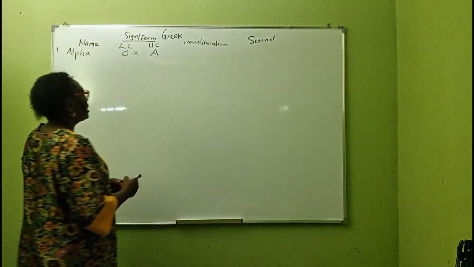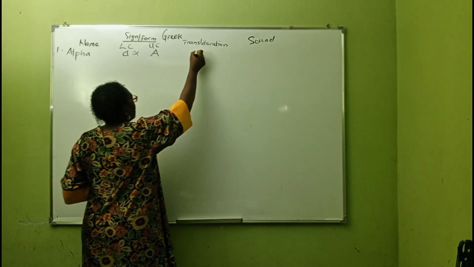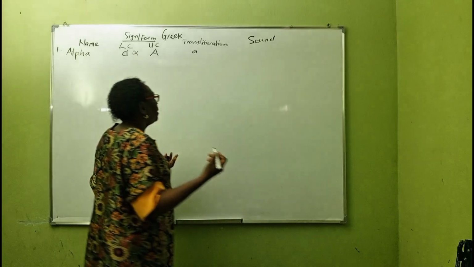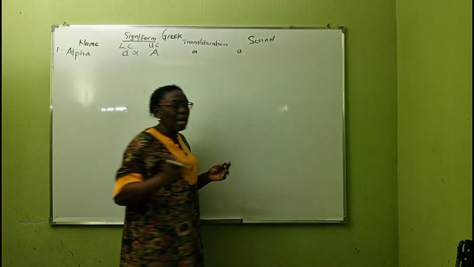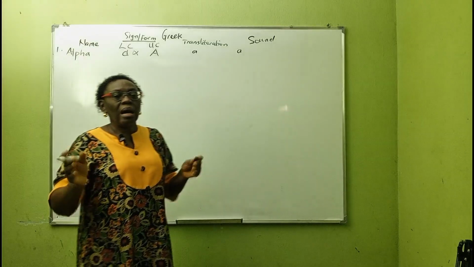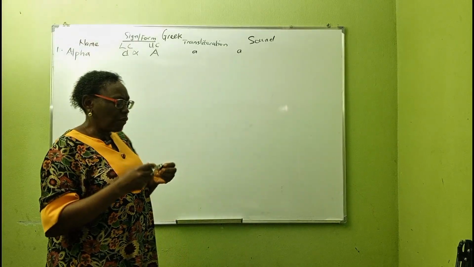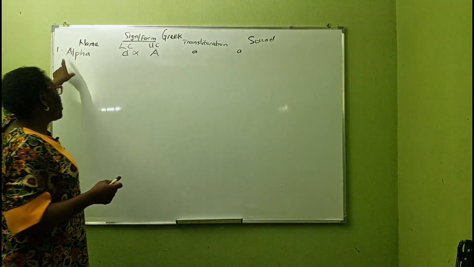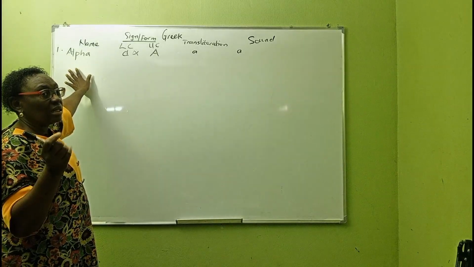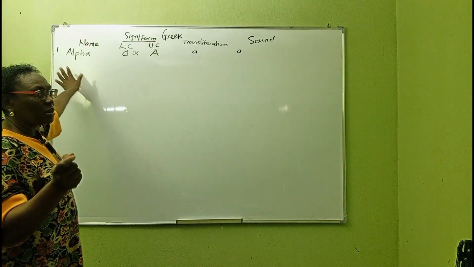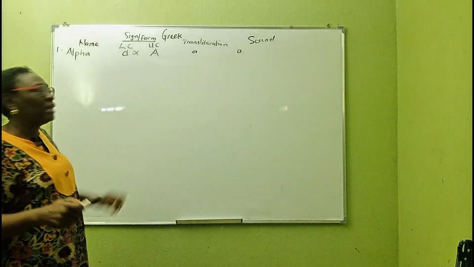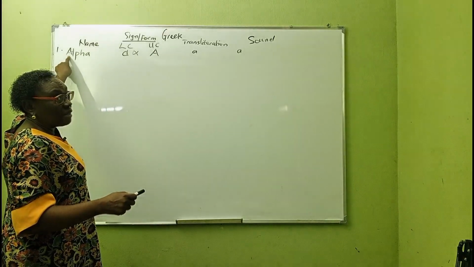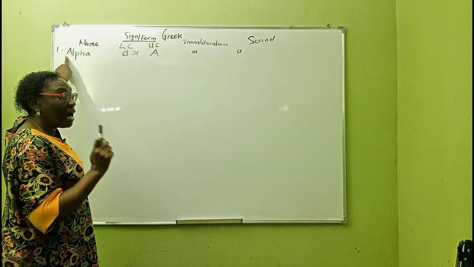Our transliteration is A, our letter A. In terms of sound, it is an A sound. I want you to take note that the way we pronounce, especially the first letter we pronounce, actually corresponds with the sound of that letter. So this is not alpha, this is alpha, alpha.